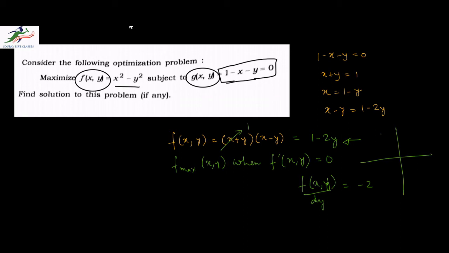That means this would be a straight line which will pass through the point y equal to 0 and f equal to 1. So this will be a straight line with a negative slope of 2 passing through this point, and therefore the maximum value will tend to infinity as y tends to minus infinity. So this function will not have a definitive maximum.